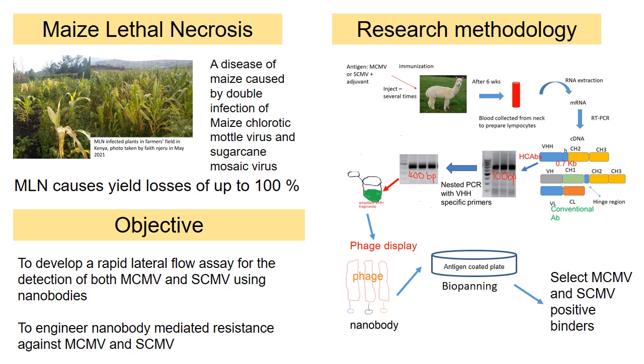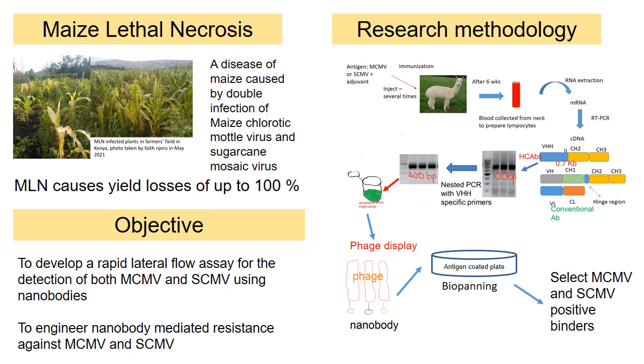So for control of this disease, we need to have rapid tests to detect the disease early on in farmers' fields, in seed companies, and also for exchange of pathogen-free germplasm across borders.